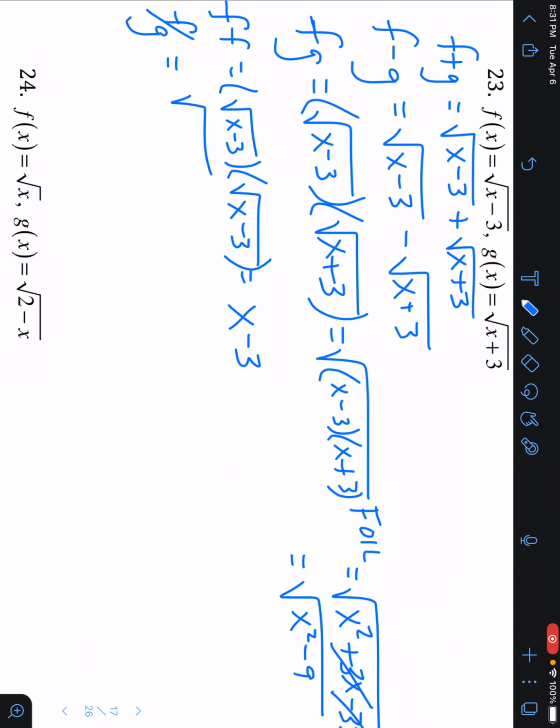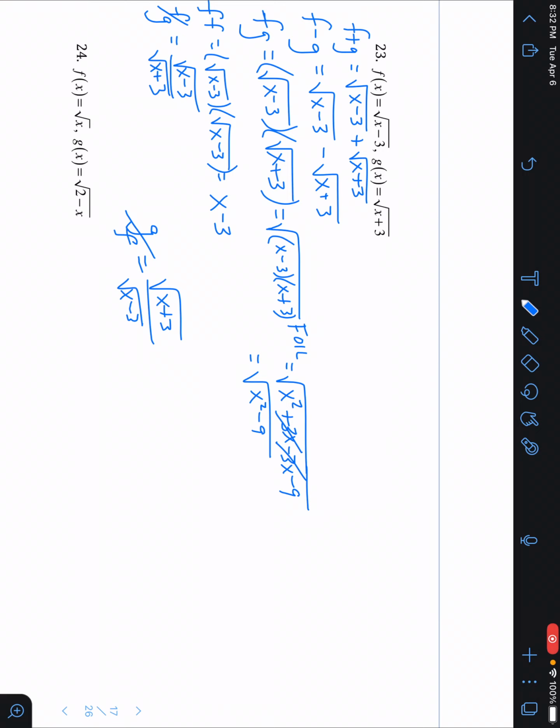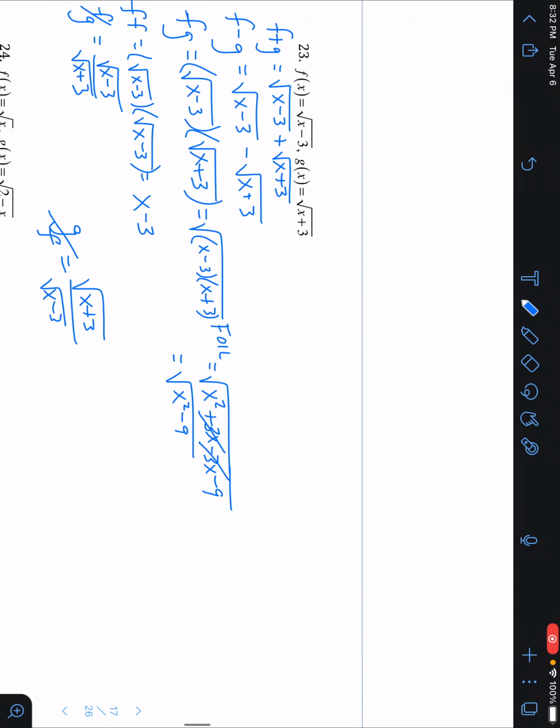So square root of x minus 3 divided by square root of x plus 3. And you can't actually divide those, so you're stuck there. And then g divided by f, that would be square root of x plus 3 divided by square root of x minus 3. All right, so I did the 6 problems within number 23.